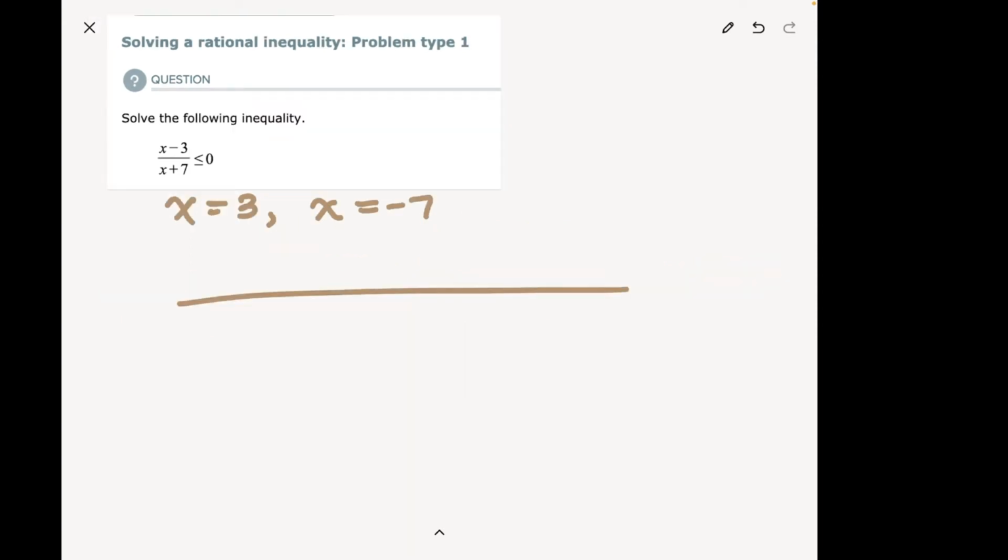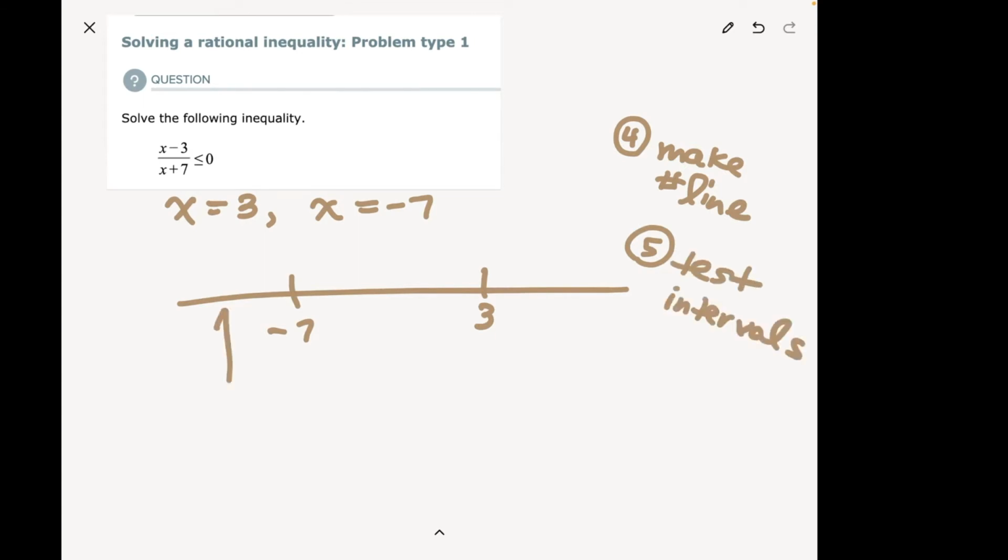My next step, I think I had made that step 3, so my fourth step is going to be to make a number line. Make sure you put your numbers in there in order. And then I'm going to test my intervals.